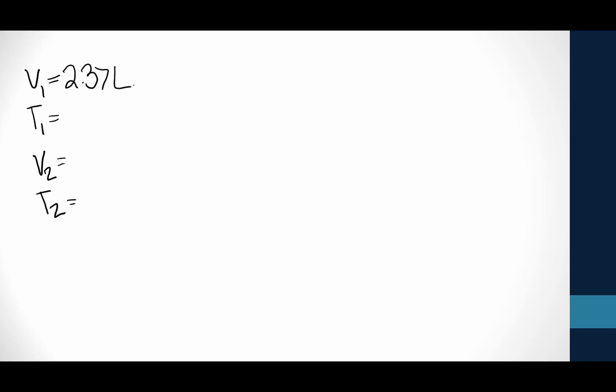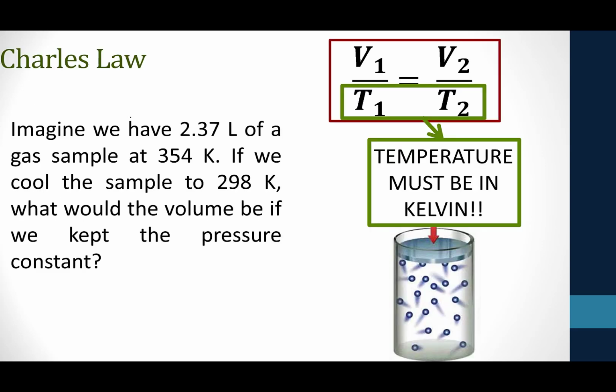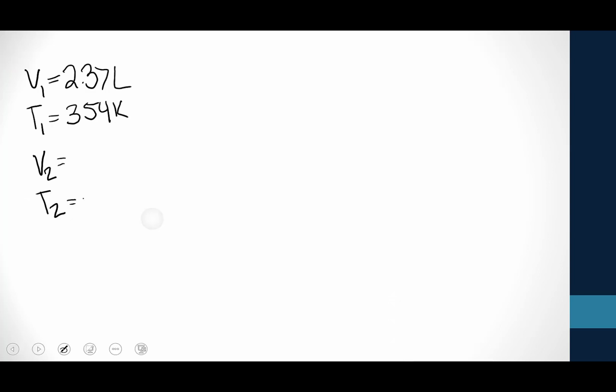That 2.37 is going to be my initial volume, and the 354 Kelvin is going to be my initial temperature. All right, if we cool the sample, this is going to be T2. This is after some time has passed, we cooled it down to 298 Kelvin. And we want to know what's the new volume.